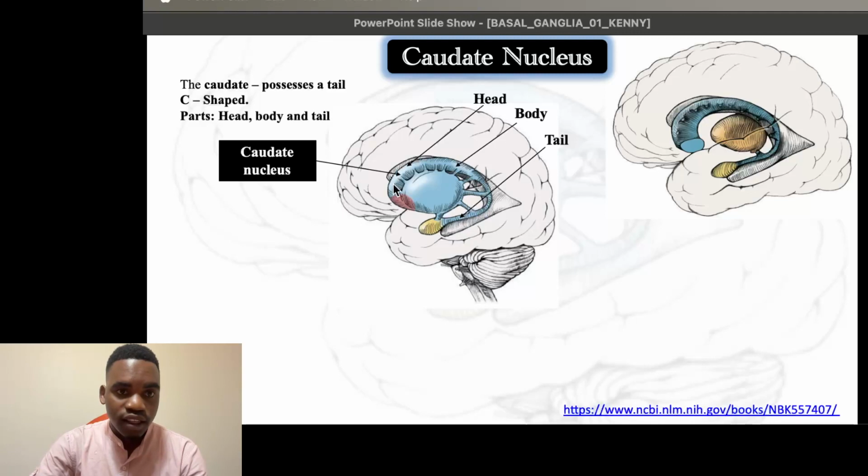And then please note that the caudate nucleus is a C-shaped structure. It has the shape of a C, and it joins the family of deep brain structures that are C-shaped, which are the lateral ventricles, the corpus callosum and the fornix of the brain.